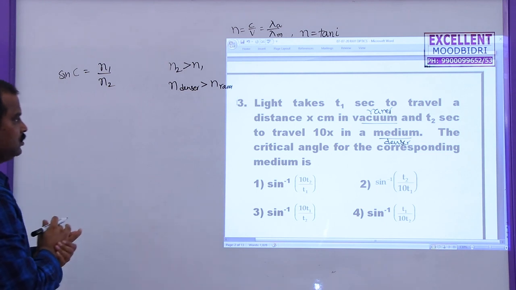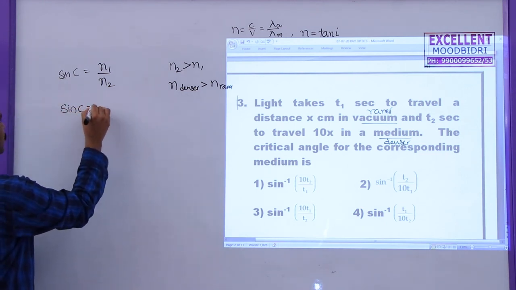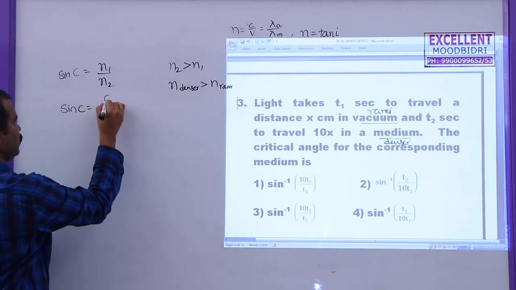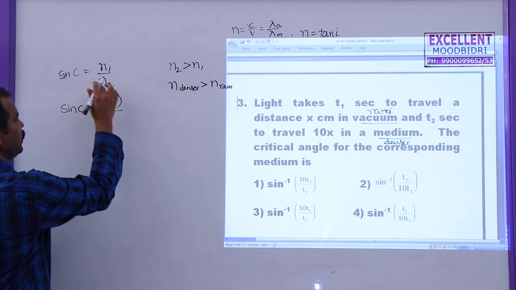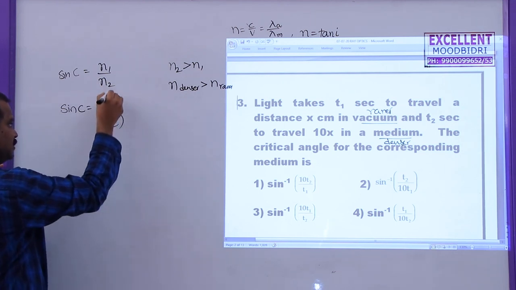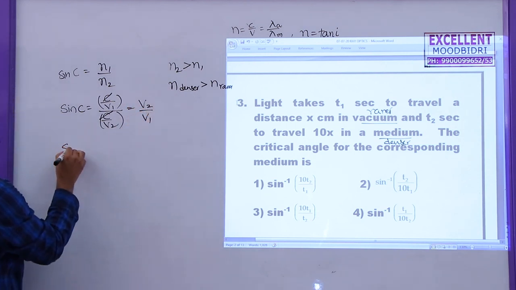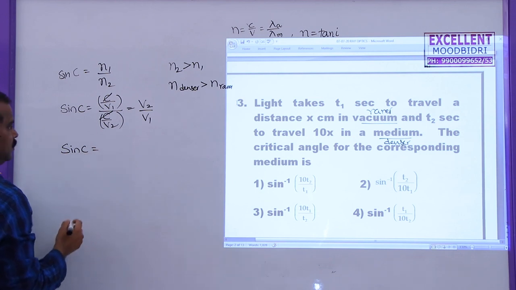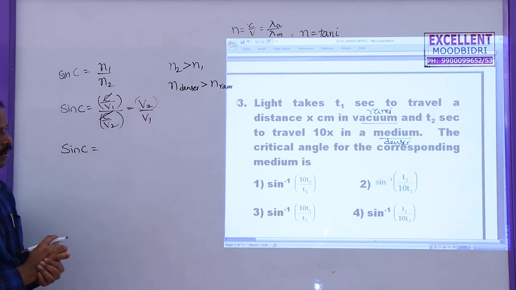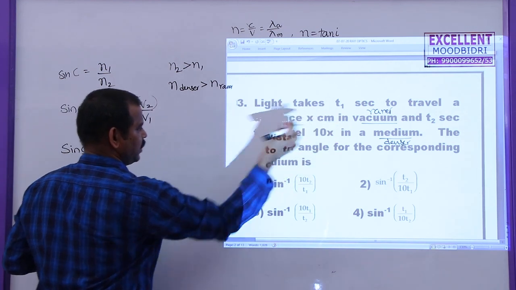So in this case, how to find the critical angle? We know that N is equal to C by V. So N1 is equal to C by V1 by N2 is equal to C by V2. So we can cancel C and C. This will become V2 by V1. So sin of critical angle is, what is V2? That is the velocity of this light in the medium, which is given by distance by time. The distance traveled is 10x in time t2.